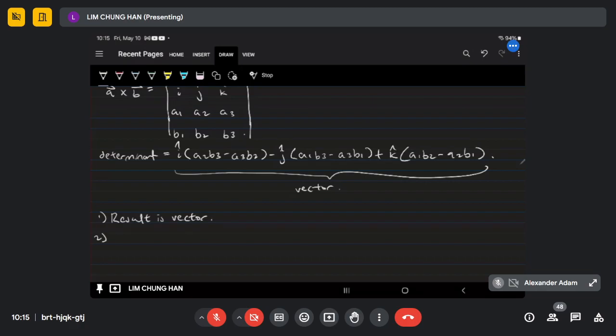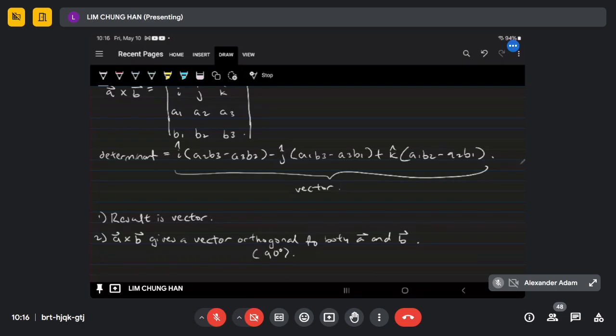Now the second rule is when you cross product two vectors together, A cross B, it will give you a vector that is orthogonal to both vector A and vector B. What does orthogonal mean? Orthogonal means 90 degrees direction.